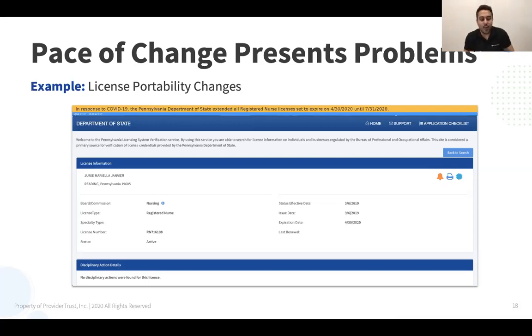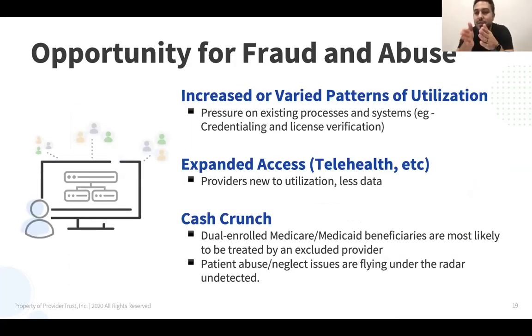On the next slide, when we really see this, and this is the world in which we live in at Provider Trust, so it makes sense to touch on it just briefly, is the opportunity for fraud and abuse. The increased or varied patterns of utilization just puts pressure on existing processes and systems. Example, I just went through the license verification, but your credentialing, how does that play into your non-par provider networks?